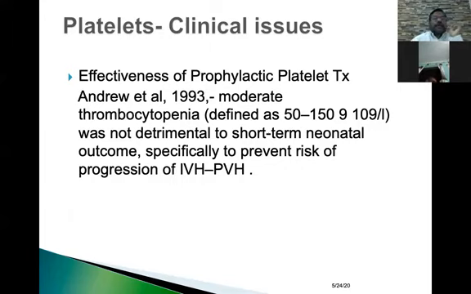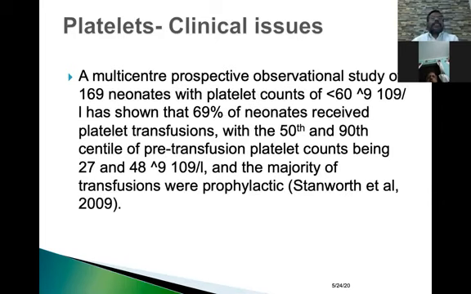There have been many studies done. One of them, quite old, from 1993, looked at the effectiveness of prophylactic platelet transfusion in moderate thrombocytopenia, defined as 50 to 150 ×10^9. It showed that it was not detrimental to short-term neonatal outcome, specifically to prevent the risk of progression of IVH, PVH.